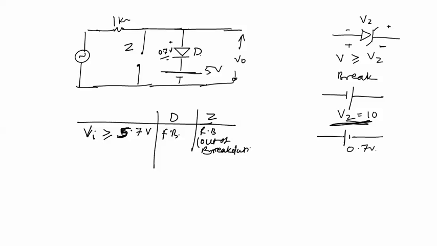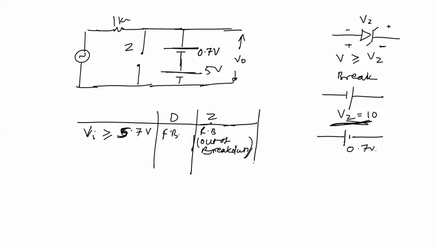And if this diode is forward biased, we will replace it with a battery of 0.7 volt.